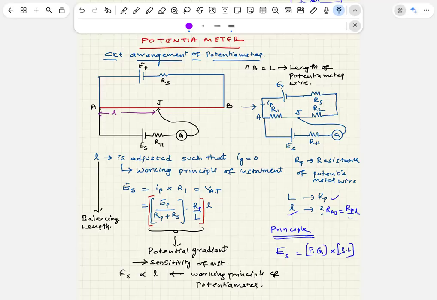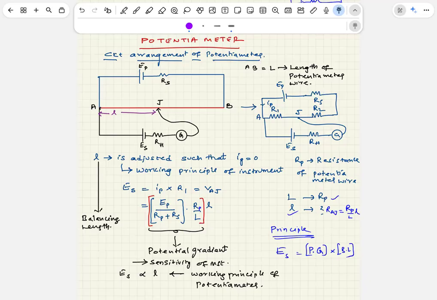The sensitivity of the instrument purely depends on potential gradient. So, the lesser the potential gradient, the more sensitive the instrument.